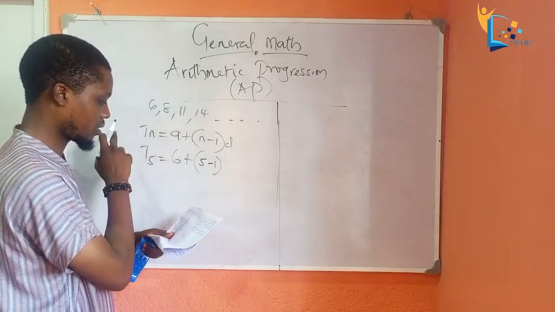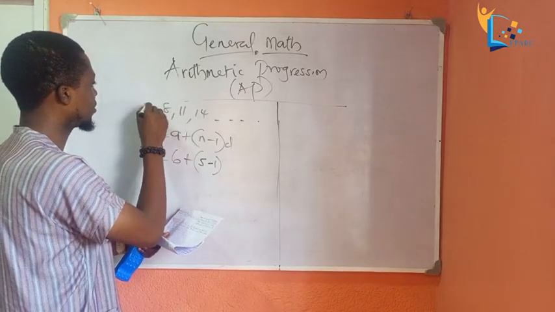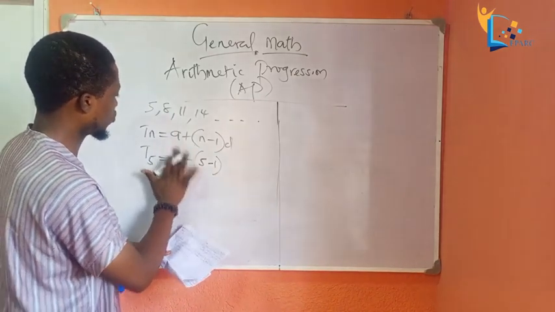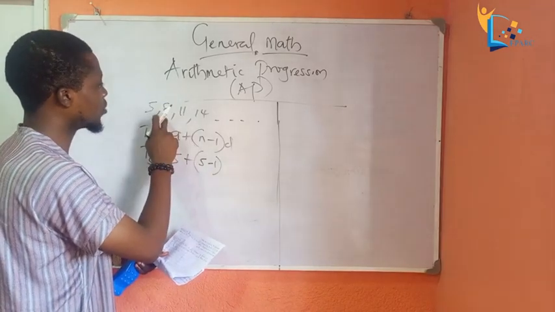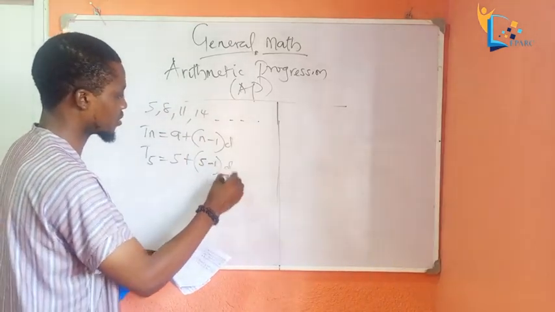Sorry, this should be 5, not 6. So 8 minus 5 is 3, 11 minus 8 is 3, 14 minus 11 is 3. So the common difference is 3.